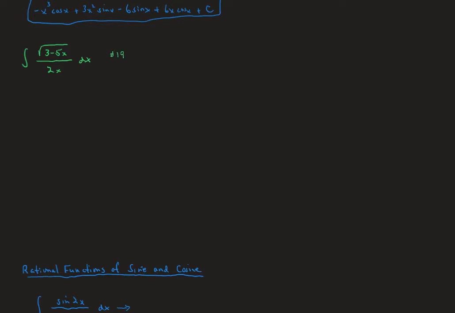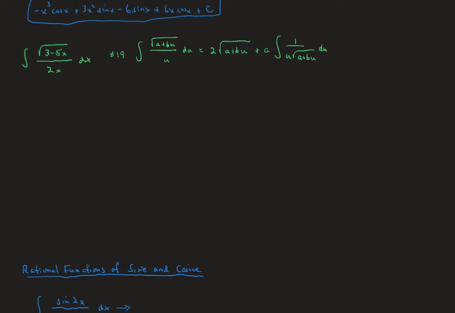And that says the integral of the square root of a plus bu all over u du is going to be 2 square root of a plus bu plus a times the integral of 1 over u square root of a plus bu du.